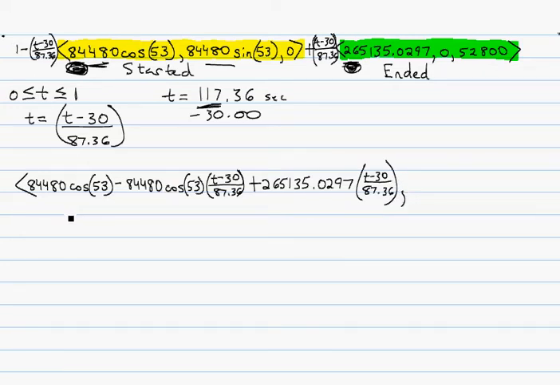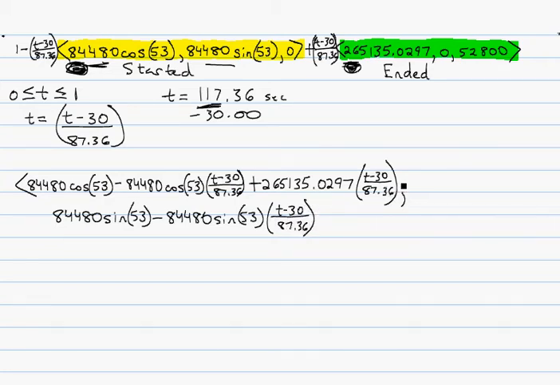Now we're doing the y component, so it'd be 84,480 sine 53 minus 84,480 sine of 53 times t minus 30 over 87.36. That is the y component.